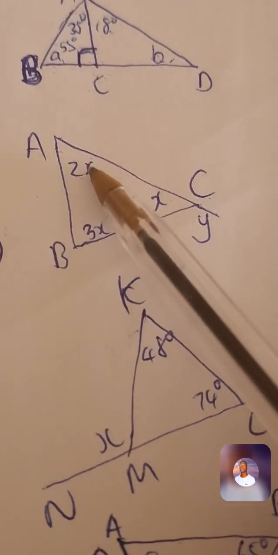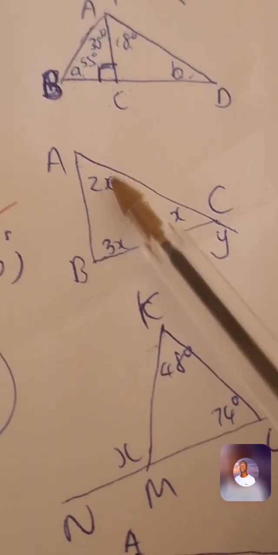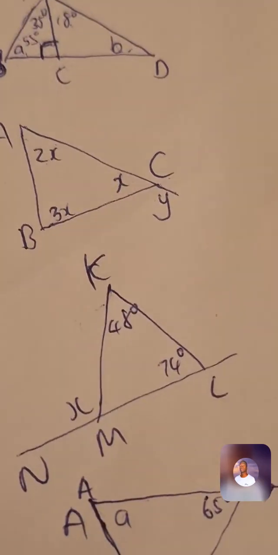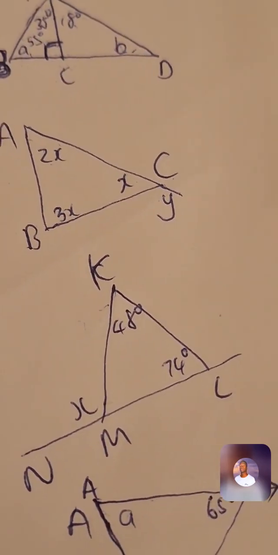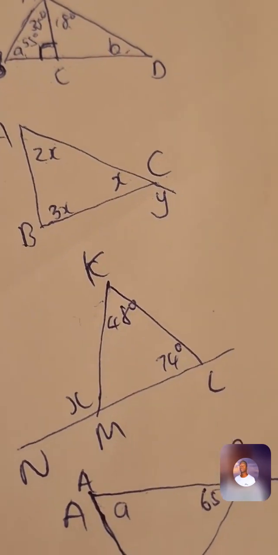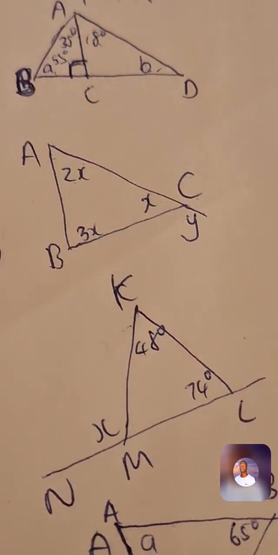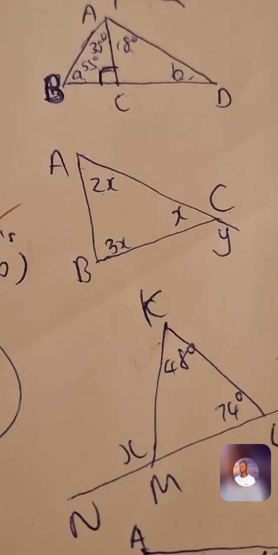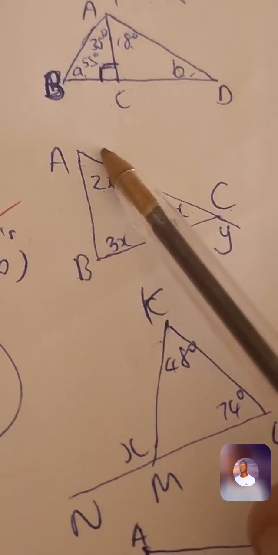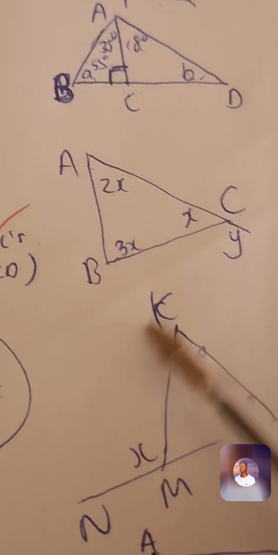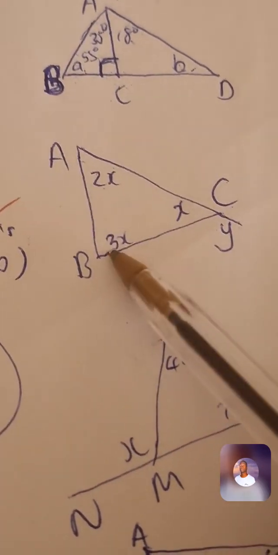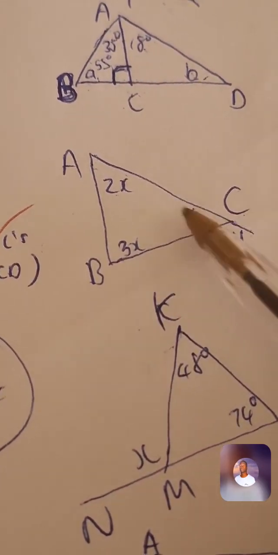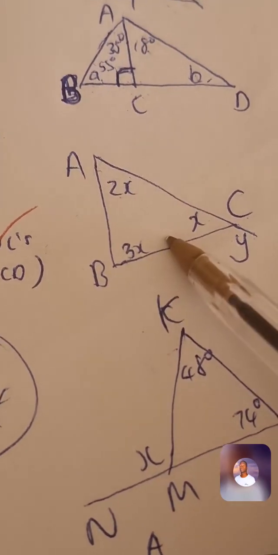So I hope you guys heard what Camilo said. X equals 80? Let me calculate it carefully. Camilo said in triangle ABC, 2x plus 3x plus x will give you 180 degrees.